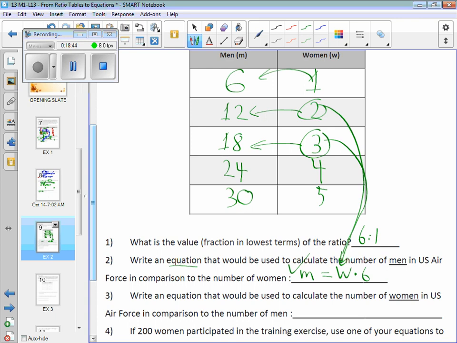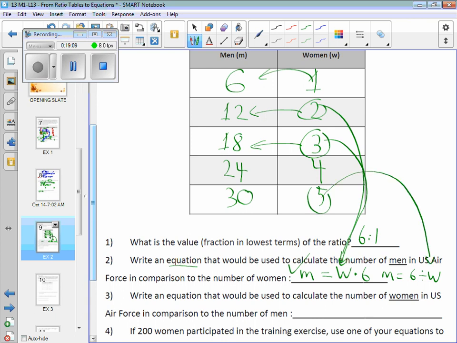Question, Olivia. I want M equals 6 divided by W. Give it to me. Let's test it. M equals 6 divided by W. Let's see if it works. Give me a value for W. 5, ready?